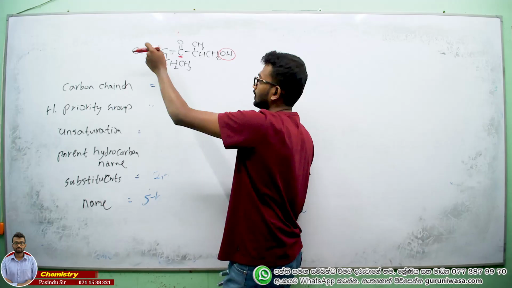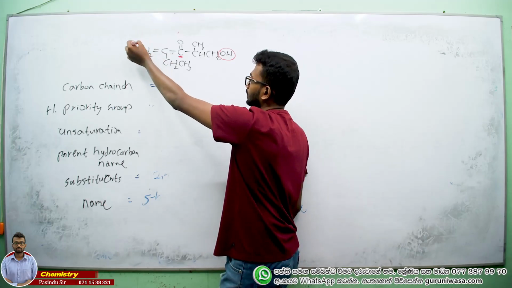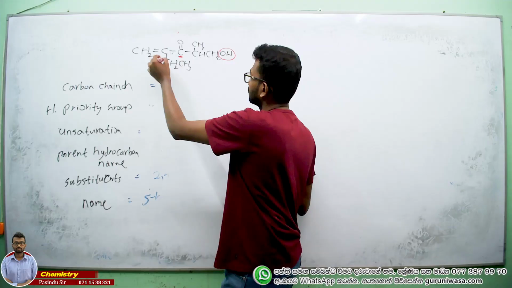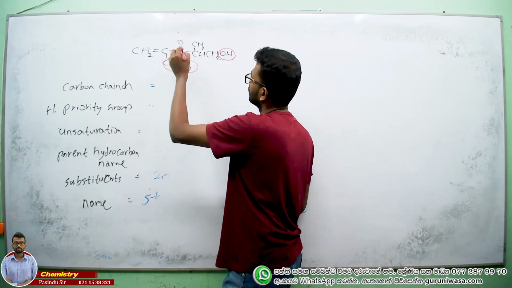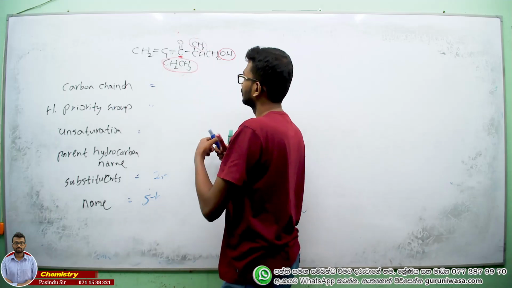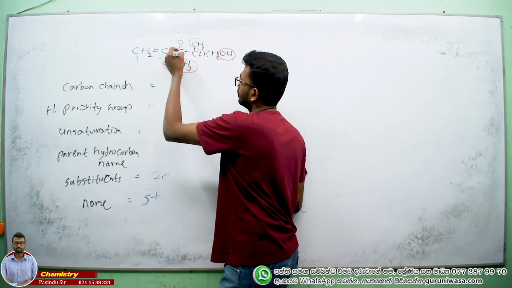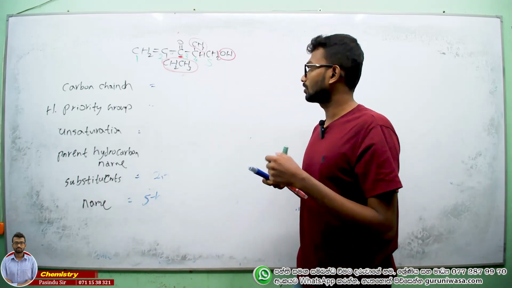So start from here. Then we take this one as a substituent. 1, 2, 3, 4, 5. 5 carbons, not 6.